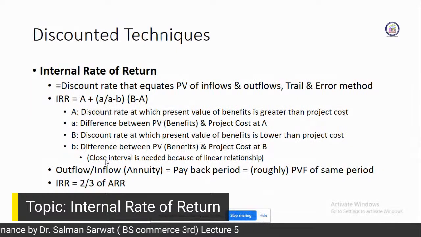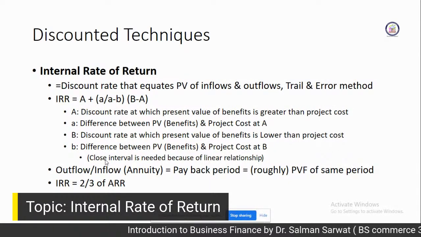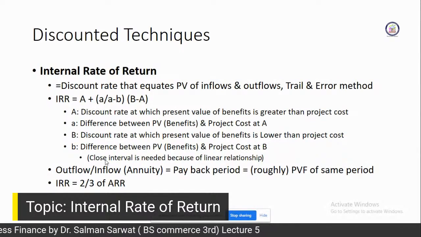I think this method is not so easy unless and until we solve it through an example. So we are going to solve an example.